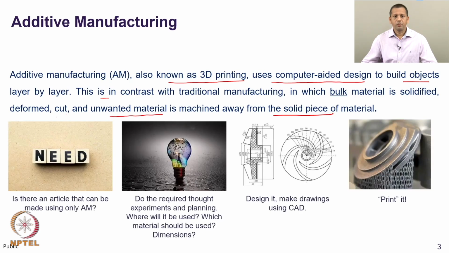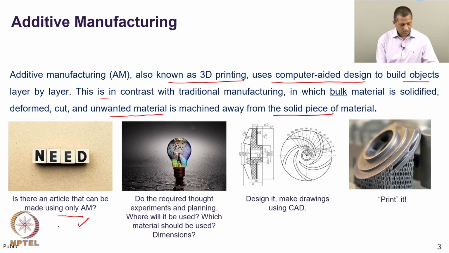A simple workflow of additive manufacturing is shown here. Let's say we want to make something. We need to think about, is additive manufacturing the only method using which the object can be made? Has the object got a very complicated geometry?